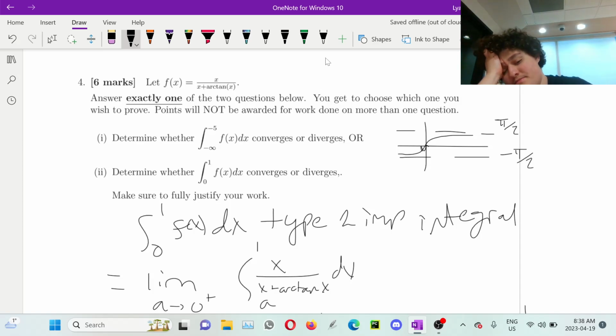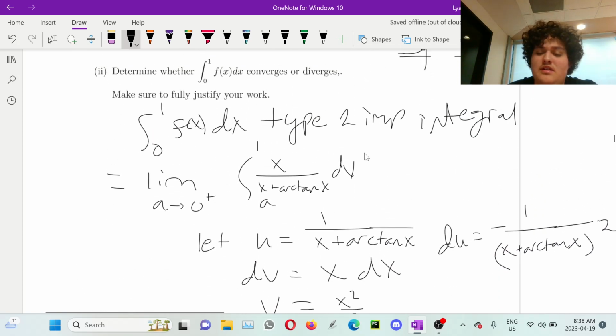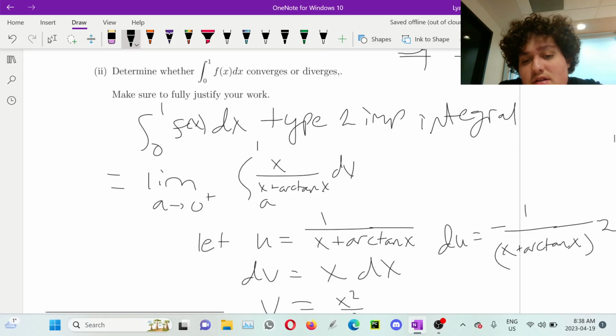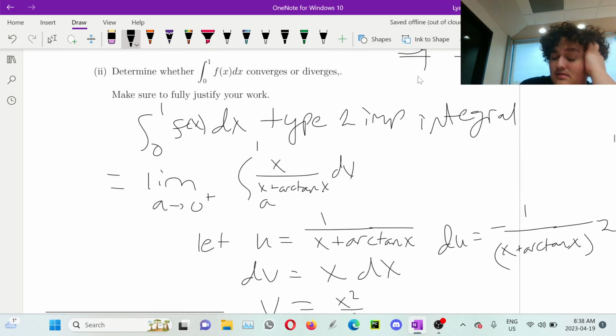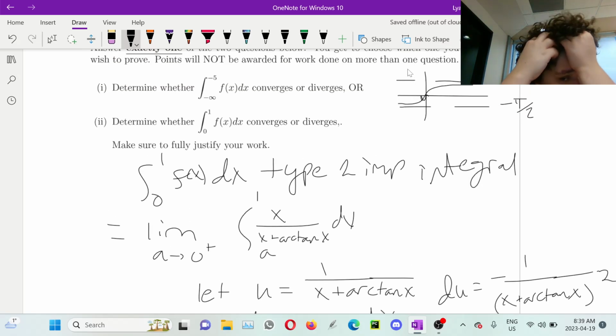Anyway, when I approach zero, we can linearly approximate arctan x as x, right? So it's just going to be half. I guess as I approach zero, converges or diverges.